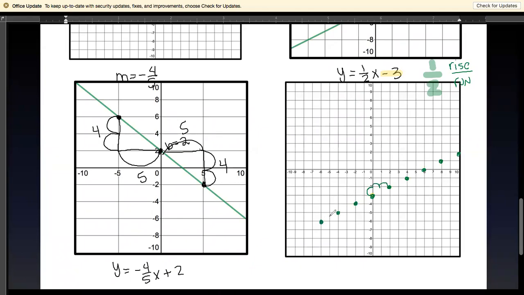You can just start connecting the points. Okay, that line's pretty straight. So doing your rise over your run, you can graph a line yourself.